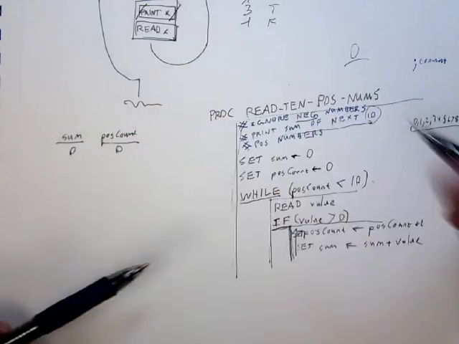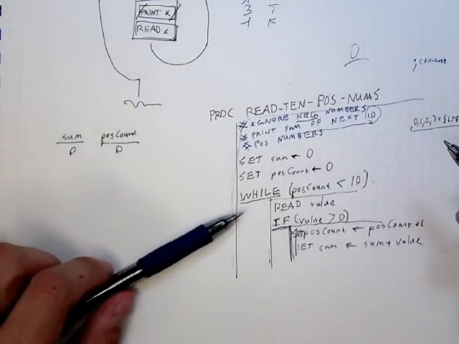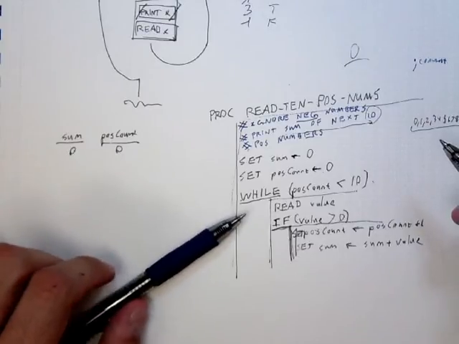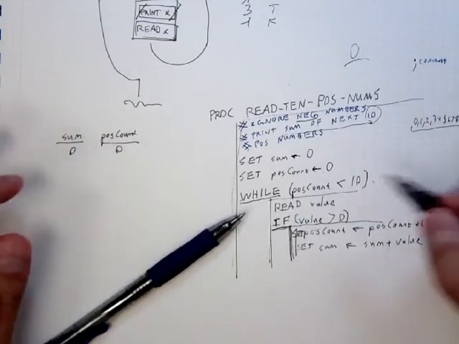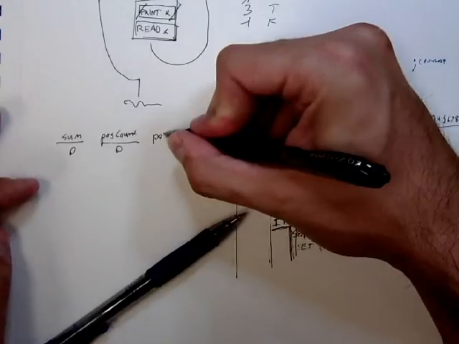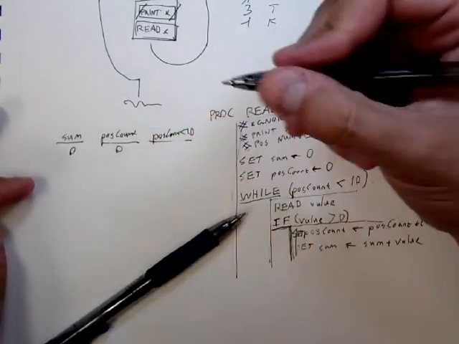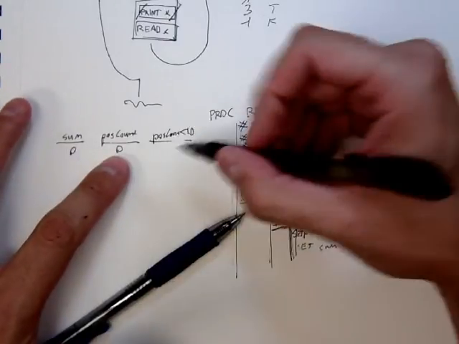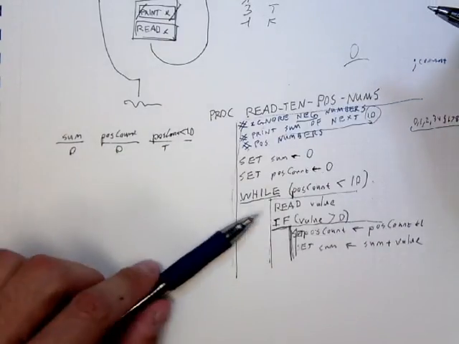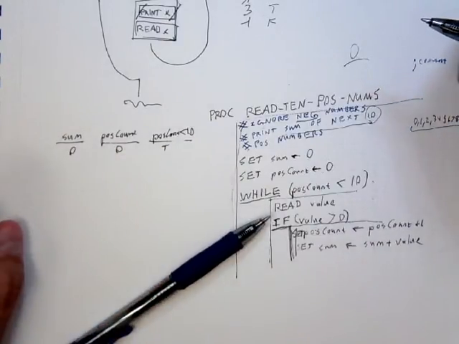Pos count is a 0, and now I'm at the while loop, and I can check my condition. Is pos count less than 10? And is 0 less than 10? That's true. So then I can read value.